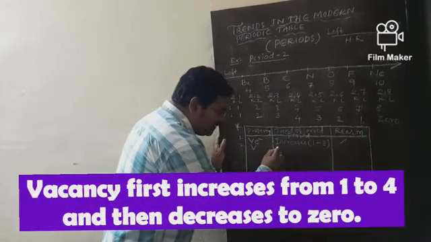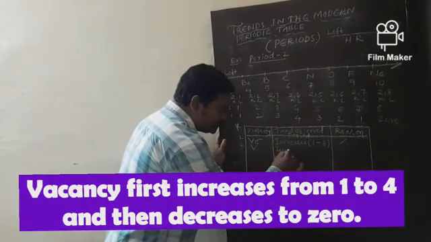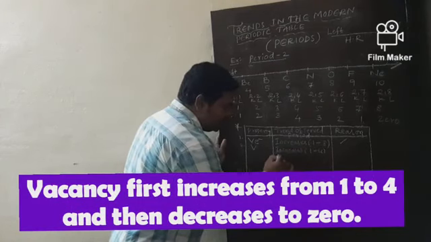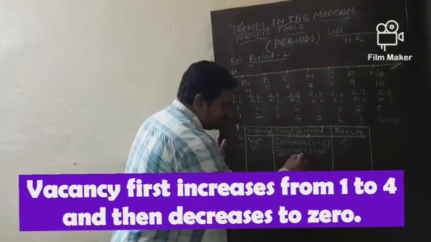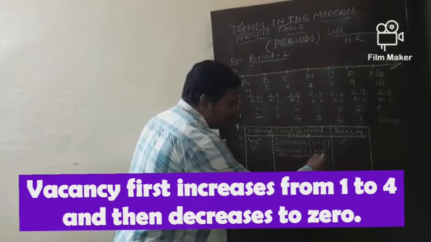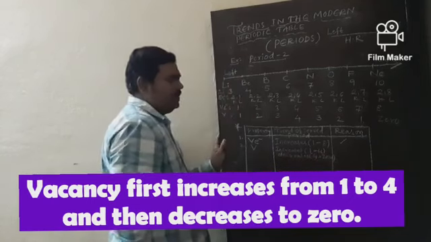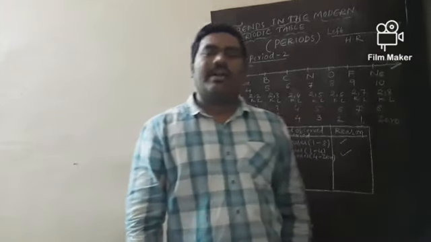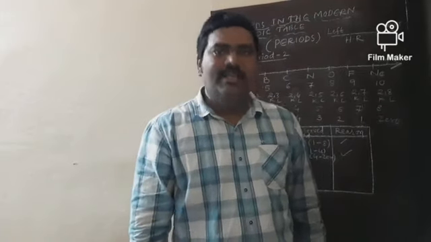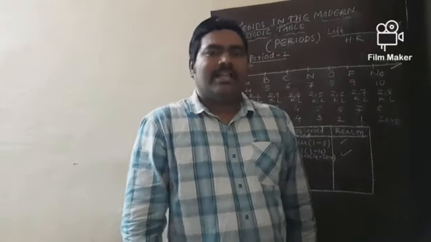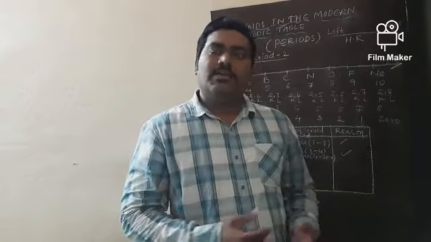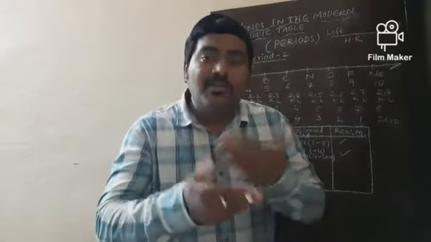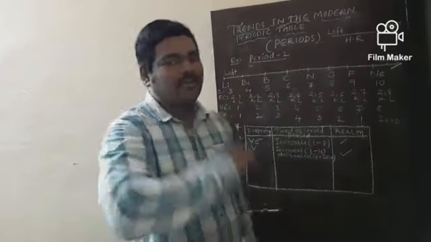So valency first increases from 1 to 4 and then decreases from 4 to 0. So what is the reason for that? The reason can be explained on the basis of valence electrons. Whenever the valence electrons increase, that affects the valency of the corresponding elements. So valency always depends on valence electrons.